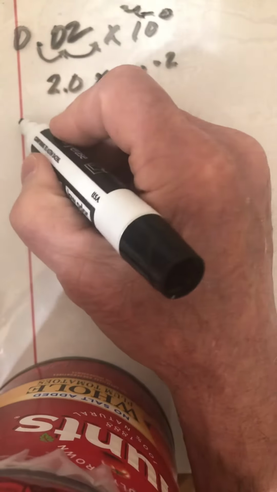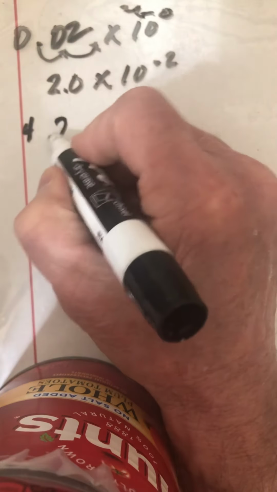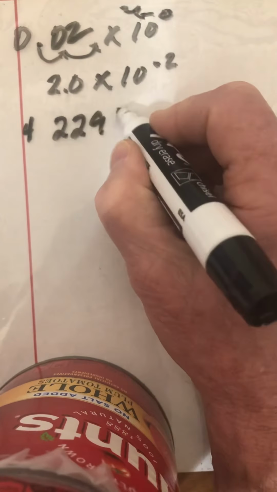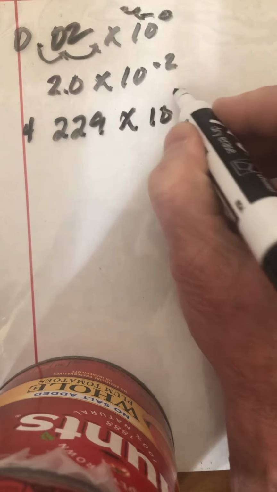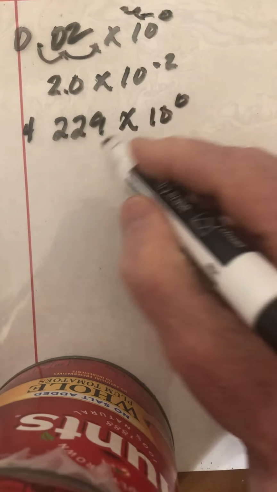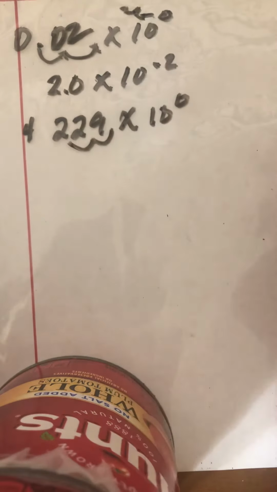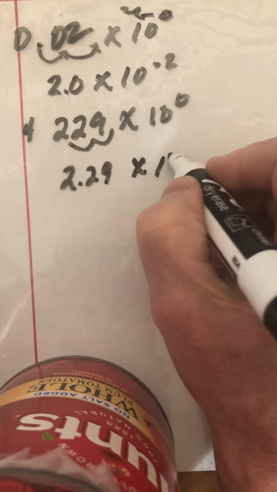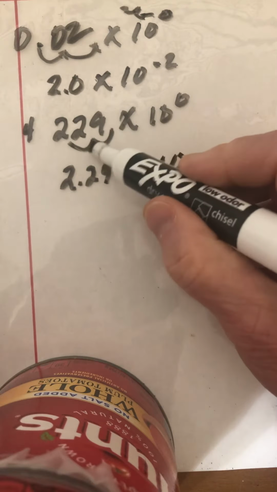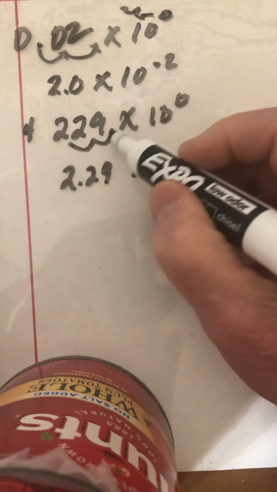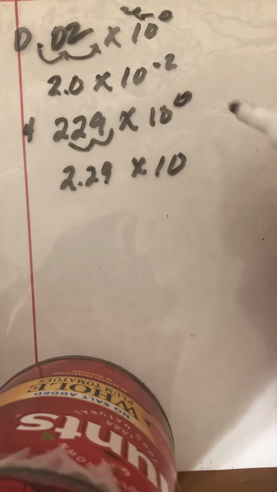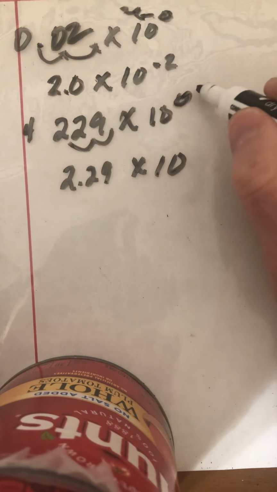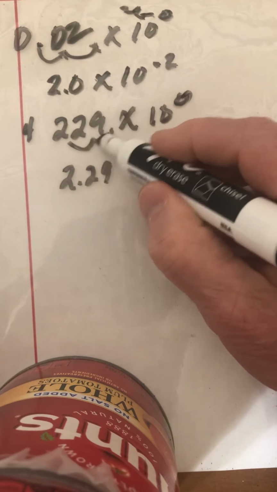Number 4 is 229. 229 times 10 to the 0. If I move the decimal point, that gives me 2.29 times 10, and since I had to go to the left with my decimal point, my exponent has to go up for each time I move.